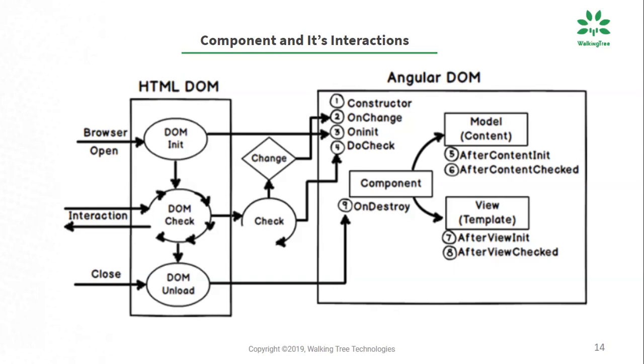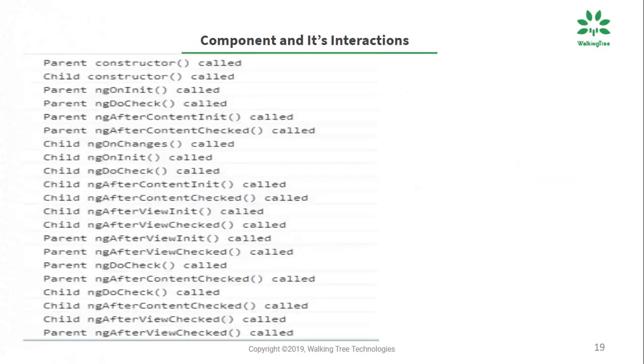Let's see that through this structure, which we have prepared. First the parent component constructor will be called, and then the child component constructor. Then parent on init, do check, after content init, and after content checked happen. Immediately it goes to the child's on changes, because from parent to child we are giving some input.